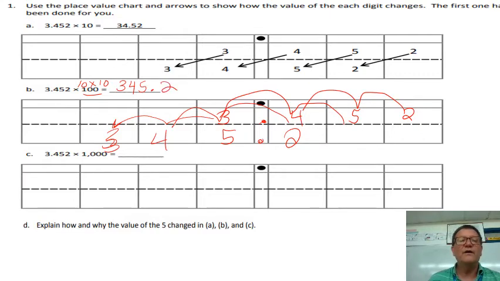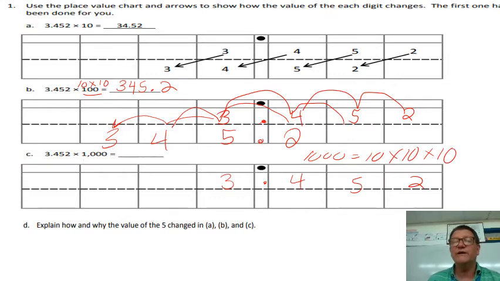Now, the next problem, we're taking this number and we're multiplying it times 1,000. So let's put it in there, 3 and 452 thousandths. Now, we're multiplying by 1,000, and 1,000 is equal to 10 times 10, which is 100, times 10, which equals 1,000. So if we multiply by 1,000, each digit is going to shift 3 place values.